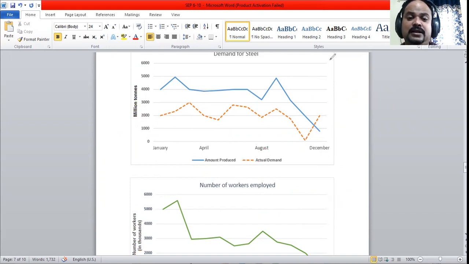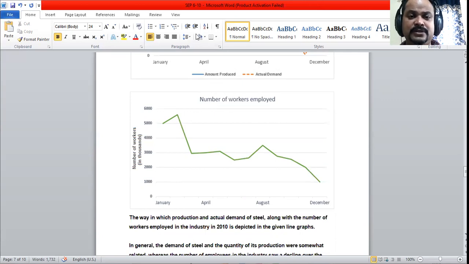So let's see in detail what exactly this is. Now, what can we see in the introduction?